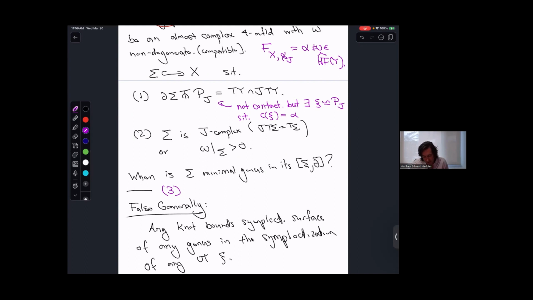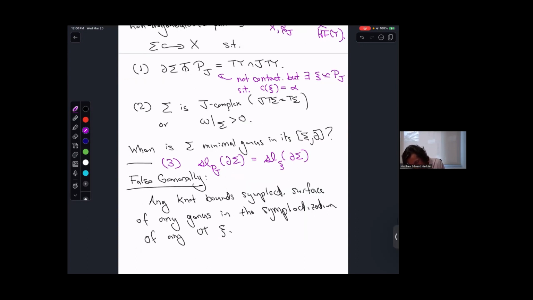So the boundary of sigma is a transverse knot, transverse to some plane field, and I need that the self-linking number of the boundary of sigma, so that's some, if you like, integer associated to the boundary of my surface in the four manifold, I need this to equal the self-linking of boundary of sigma with respect to C.